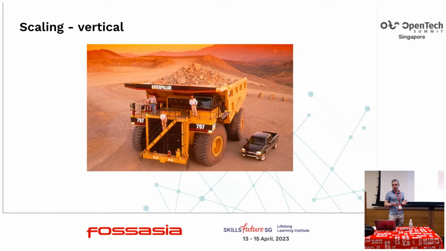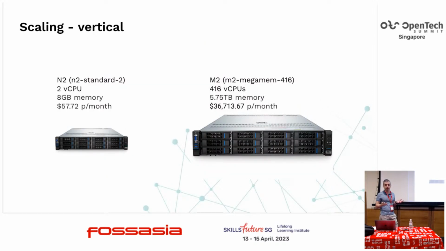The first thing that we can do with any scaling, including applications or databases, is to grow the instance. When we think about vertical scaling, the first machine worked for a while and served its purposes, then we need to grow vertically. We need to make the machine bigger in terms of computing power. This is an example from GCP.